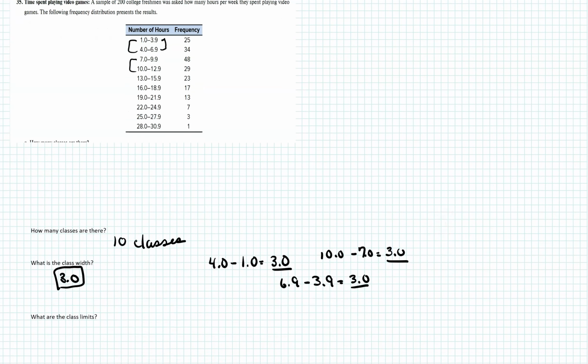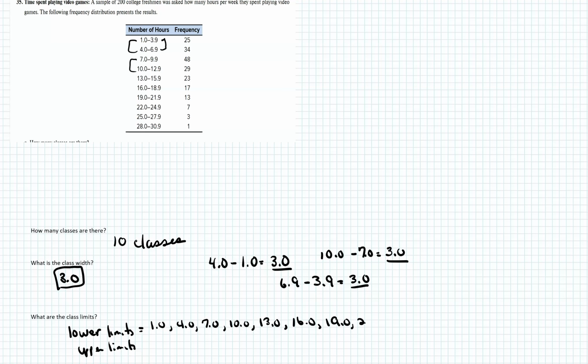What are the class limits? Okay, so the class limits are the lower limits and the upper limits. The lower limits are 1.0, 4.0, 7.0, 10.0, 13.0, 16.0, 19.0, 22.0, 25.0, 28.0.